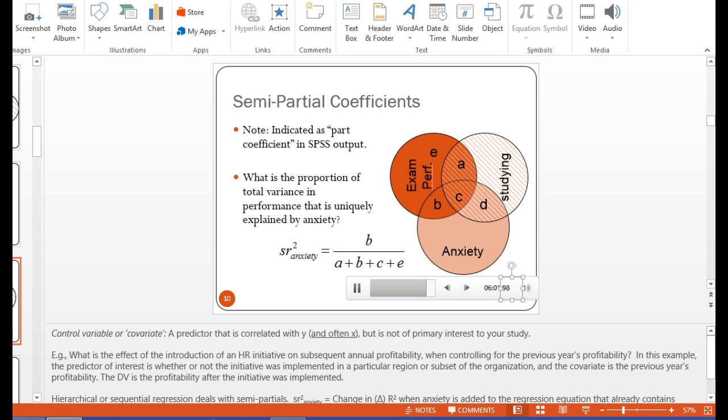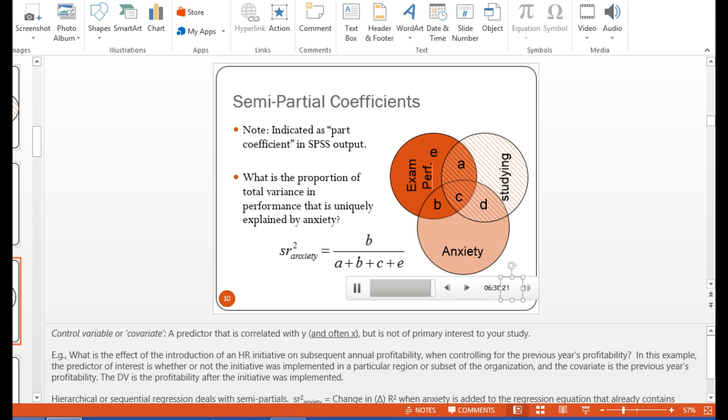So the reason that semi-partials are important is because when we are doing hierarchical regression, they are the focus. So hierarchical regression deals exclusively with semi-partials. And what's interesting is that the semi-partial squared gives us the amount by which our large R squared will change with the addition of that variable.